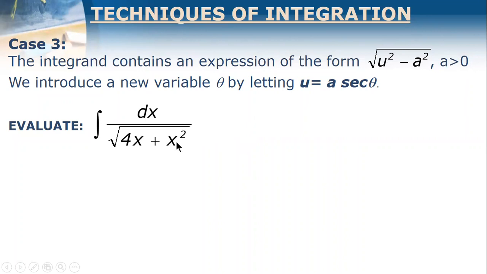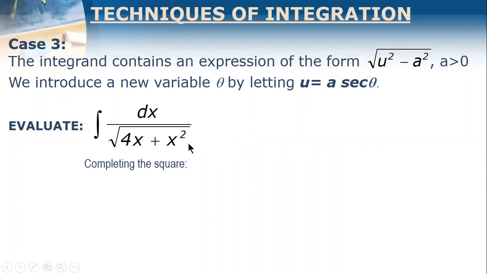Every time you encounter this, you have a second degree term and a first degree term. Think of a perfect square trinomial. Therefore, you need a constant term to make it a perfect square. So for this one, we will use completing the square.